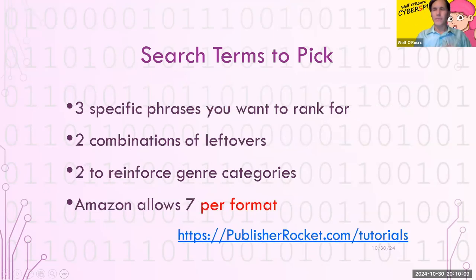Under the new regime, where all this stuff is analyzed for consistency, what Kindlepreneur is suggesting is use 3 specific phrases you want to rank at. So that probably will be story and character elements. Yeah. And those should be at top. Those should go to the other vendors that only give you 1 or 2. If you have terms that you like, but that don't relate as much to the story, what they call leftovers, pack as many of them in 2 of the remaining fields, so 100 characters to those, and then reinforce your genre categories with at least 2 fields.